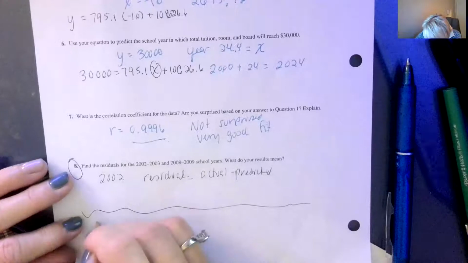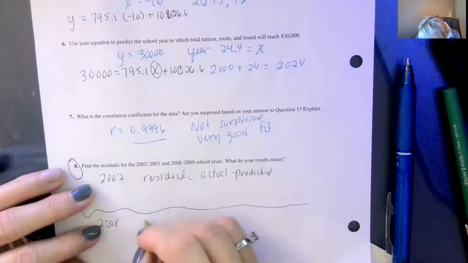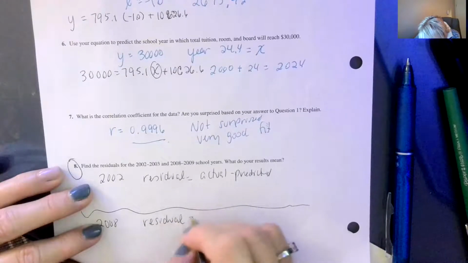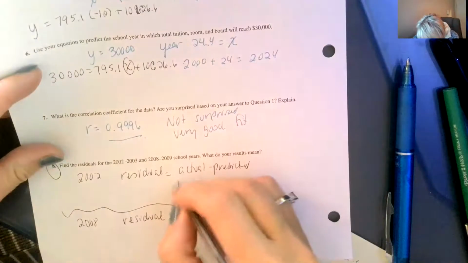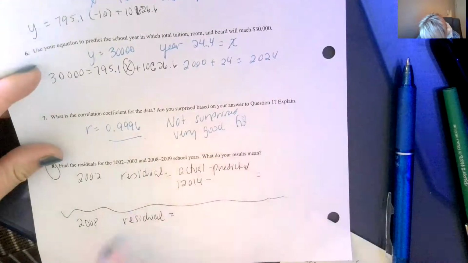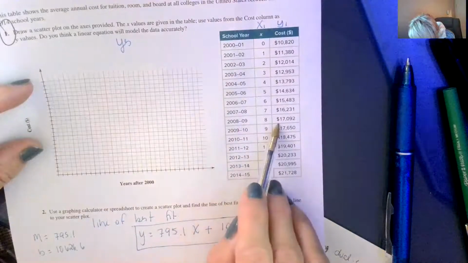And then the 2008 residual. So 2002, the actual was 12,014. And then I'm going to look up 2008 while I'm at it. 2008 was 17,092.